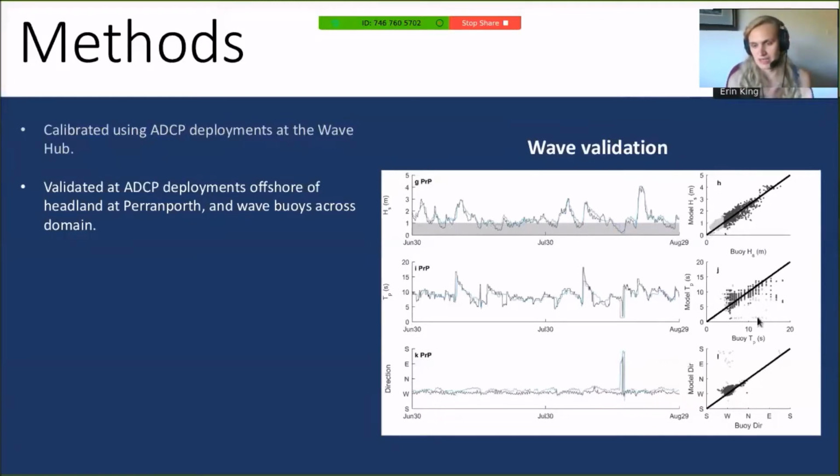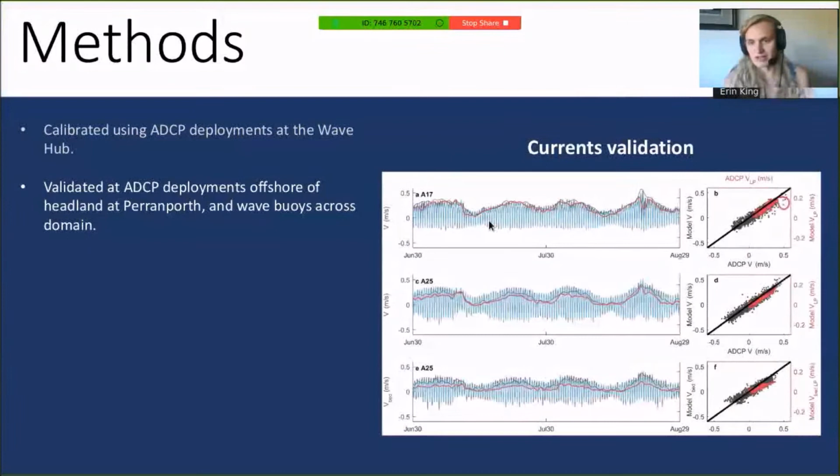The times where there is disagreement between the model and the buoy are related to periods where the wave height was quite low at the buoy. So it's doing well for energetic conditions, which are the main forcing conditions for headland bypassing, as we will see.